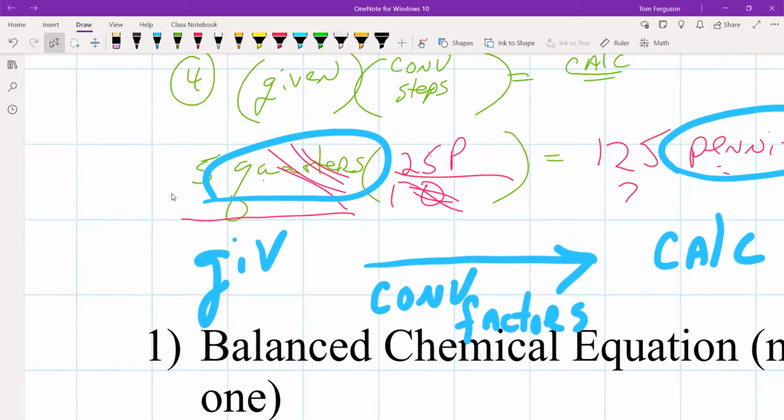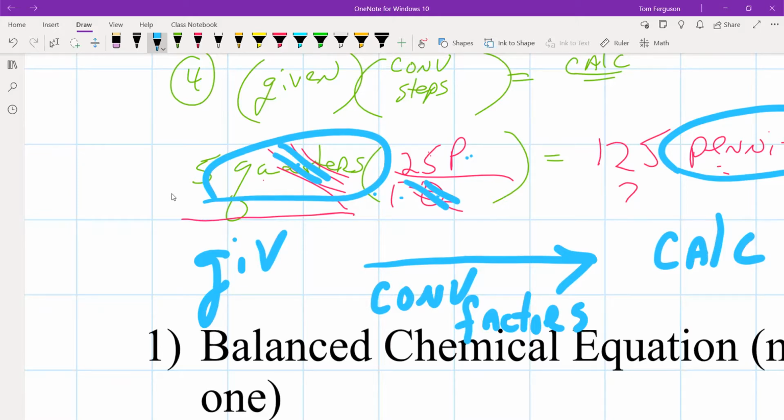In this case, we want the quarters to cancel. So that means we're going to use the 25 pennies over 1 quarter. That way the quarters cancel, giving us pennies. Basically, what this means is we always want the given to be canceled by the conversion factor.